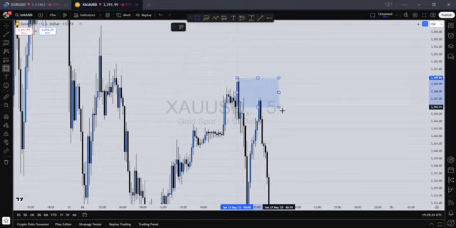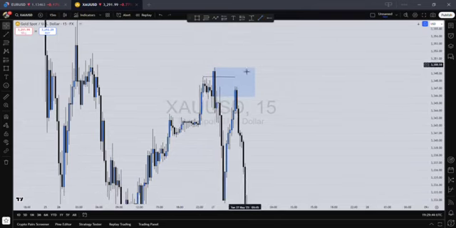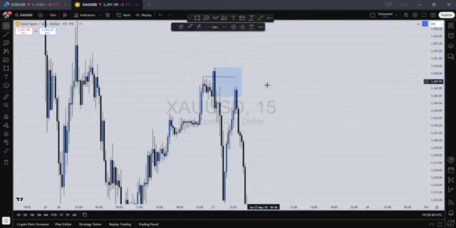Some of you will be like, is it the bearish block or the bullish block? Me, I don't do bearish or bullish. As long as the liquidity was cleared in that zone, I identify it as a valid one.